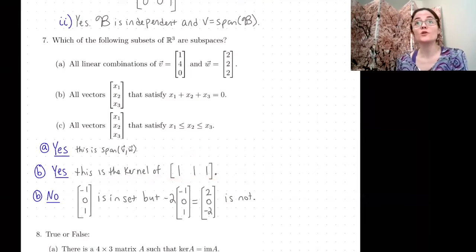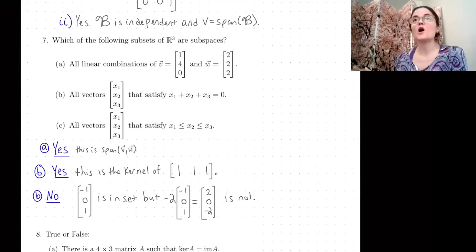And we know kernels of matrices are subspaces. So that's a justification on this. On 7C, the answer is no. I would be really hesitant anytime I saw a less than or equal to having to do with a subspace. That's just my intuition, but how do I justify this?